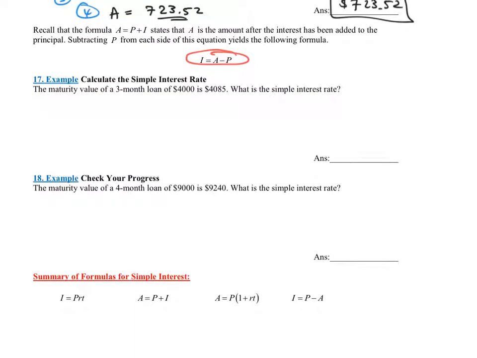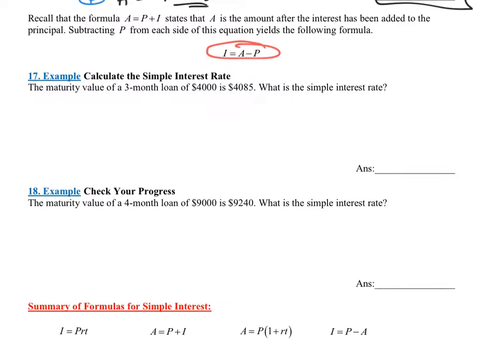It says the maturity value of a 3-month loan of $4,000 is $4,085. What is the simple interest rate? Remember, the bigger number is always A, the smaller number is always P. So the initial value was $4,000, the future amount was $4,085. This is a 3-month loan.